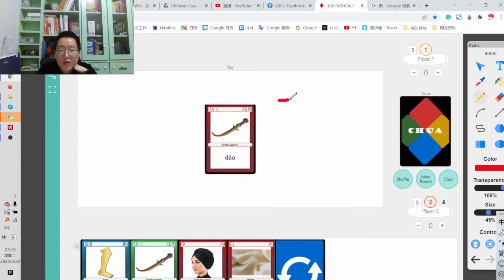So, for example, this is 刀. When there is a point here, that means this character refers to this part of the knife, the sharpened side of the knife. We call it 刃.